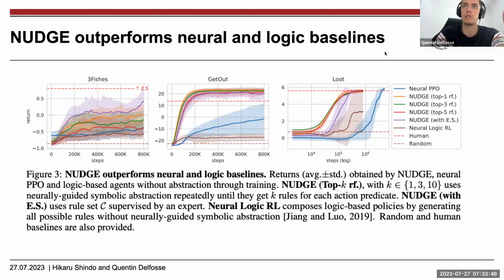Of course, it's a limitation, because if the expert didn't think about a promising rule, then you're not going to have that in your policy. But I think we incorporated the correct rules, because at least for the fish environment, you can see that this is even the best performing policy.